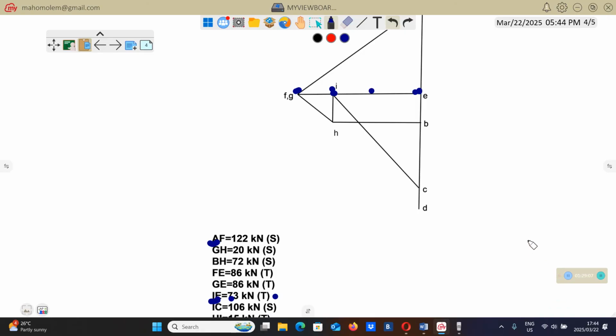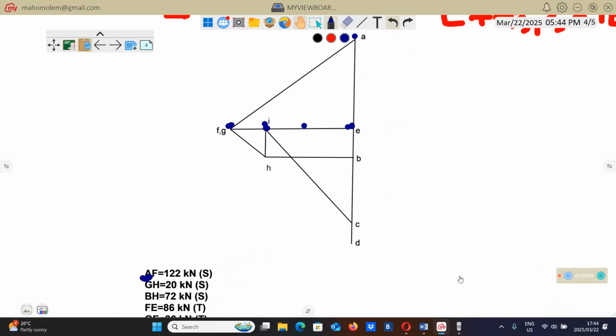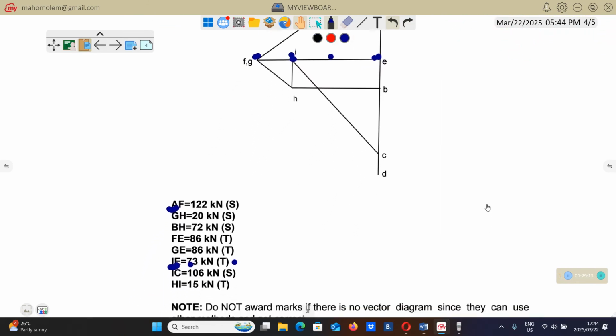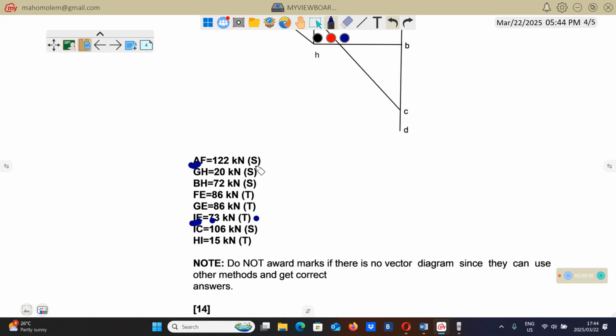Due to time, as I can see, this video is already long. Now let's go to the nature. Remember they said you must find the magnitude and the nature. So to find the nature, I'm talking about this thing that I've started with. We have to determine whether the member will be a strut or a tie. So this S here stands for strut.